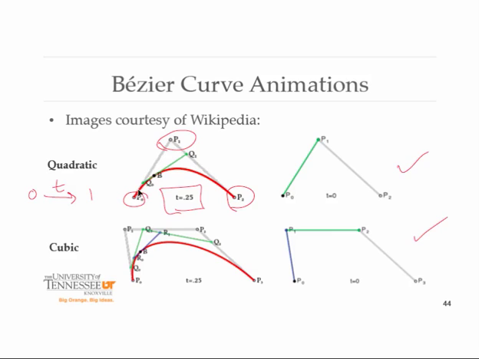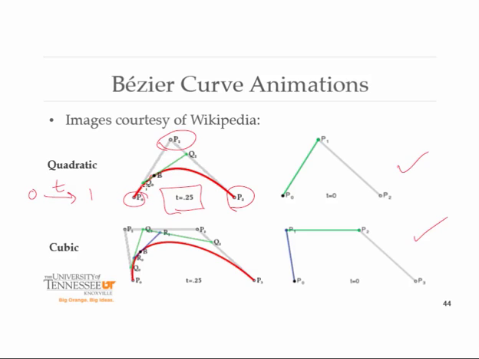So as you slide t, this endpoint is going to slide up here, while this endpoint is going to slide down there, and that process is going to generate this red curve. And what's cool is that you can then simply move this P1 point to the right or to the left or up and down, and change the curvature.